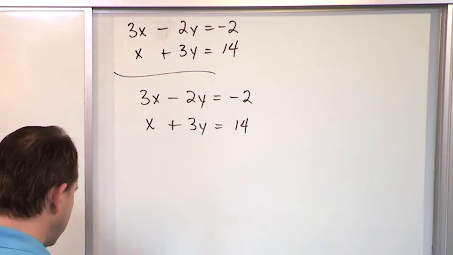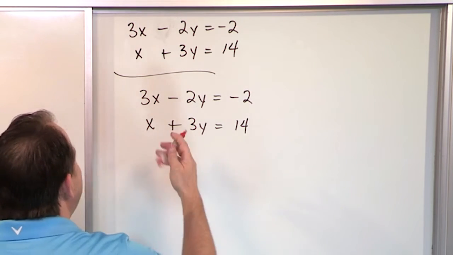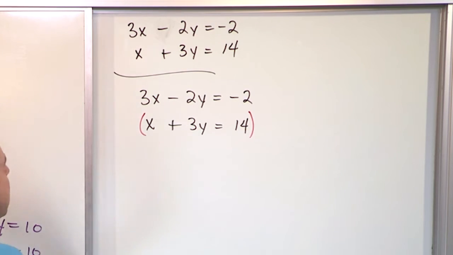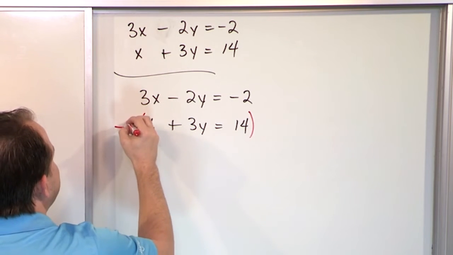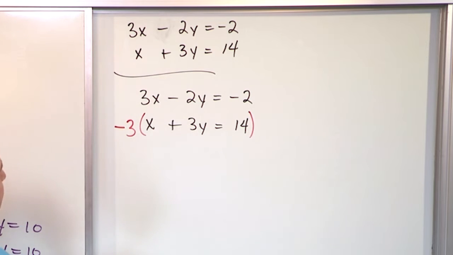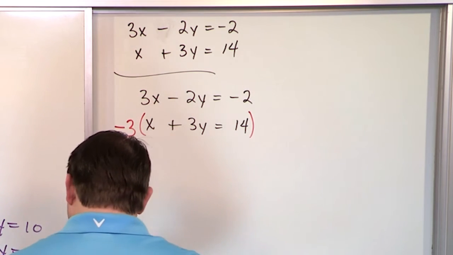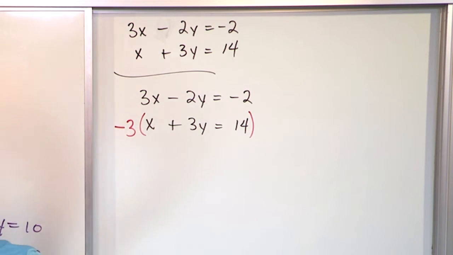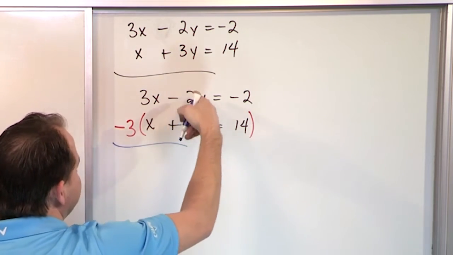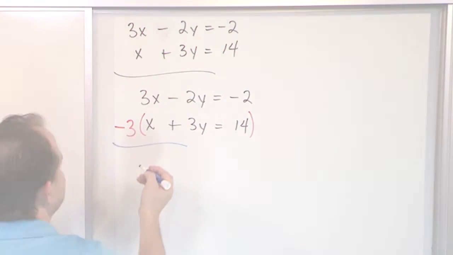What would I have to multiply this second equation by so that when I add it to this equation, I get a cancellation? I can multiply this by negative 3, because that will make negative 3x, and then it will cancel with this, right? So let me go through the solution that way, and then we'll talk about how you could do it with the y's, and we'll do some problems like that later.